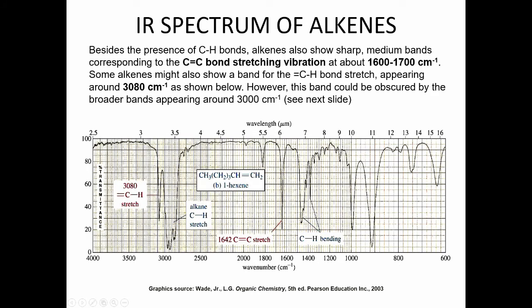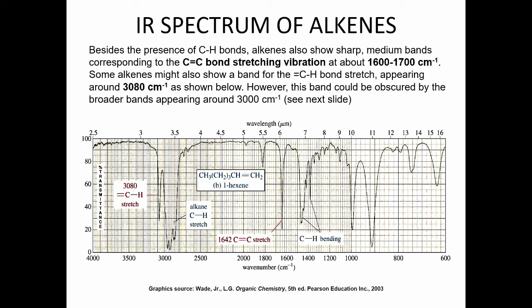Now, what if we were talking about alkenes with double bonds? So remember how anything below 3000 is usually indicative of sp3. Well, something above 3000 could be indicative of the double bond or an sp2 hybridized hydrogen.